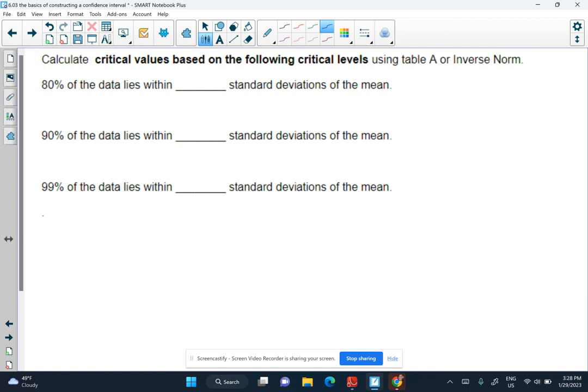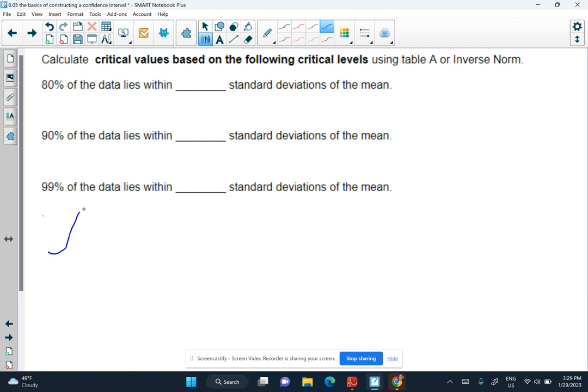And in this video, I'm going to go over how to calculate critical values based on confidence levels other than 95%. So the first one is we want to figure out the number of standard deviations 80% of the data lies from the mean.